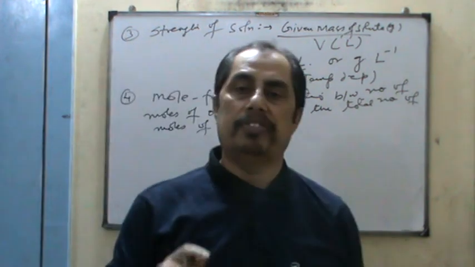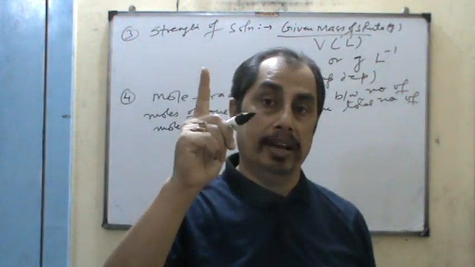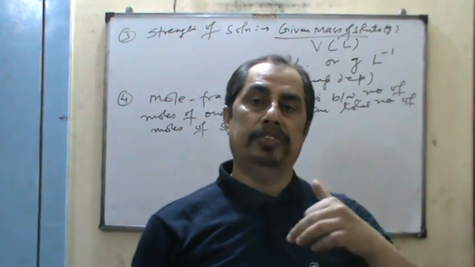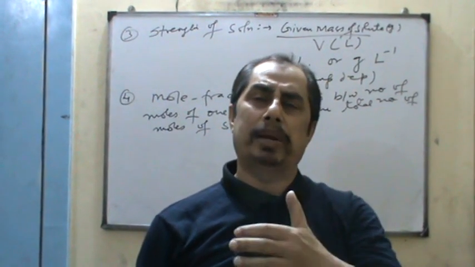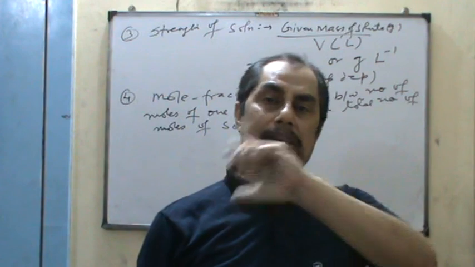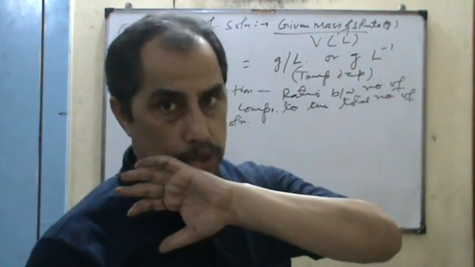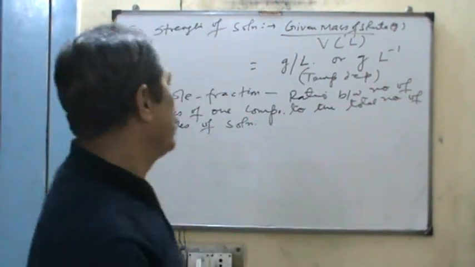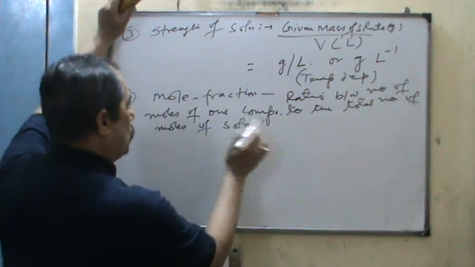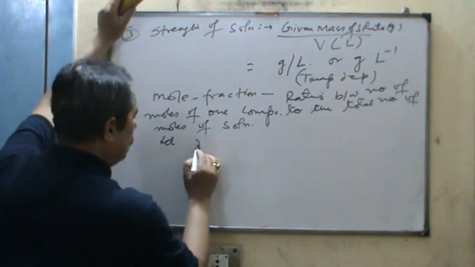The sum of mole fractions of a solution is always found to be 1. If you get the mole fraction of A, then you can calculate the mole fraction of B: 1 minus whatever value you get is to be subtracted. So it is the ratio between the number of moles of one component.